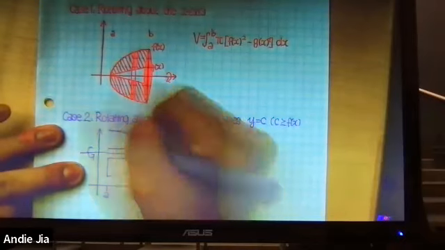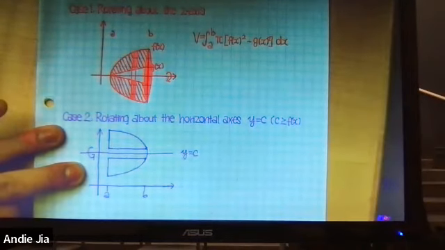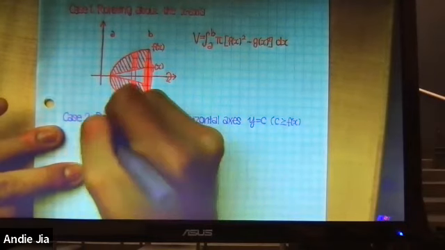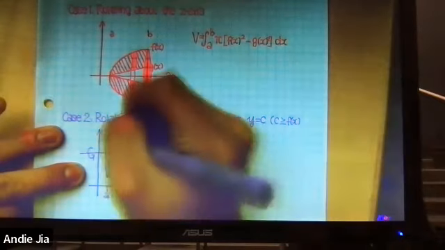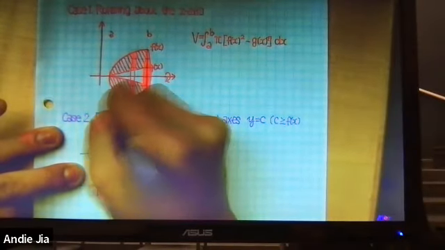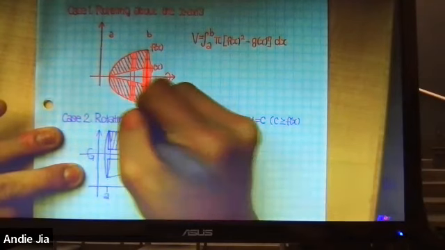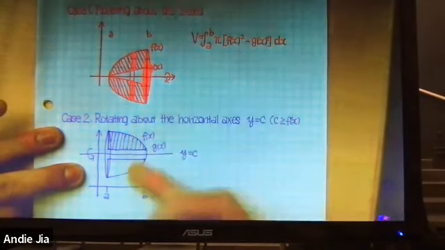Well, it's not a perfect drawing here, but I did my best. So you can see this is a washer. Perhaps this is the area region, f of x and g of x.